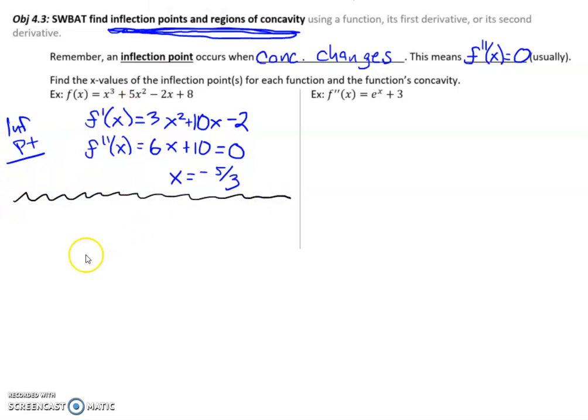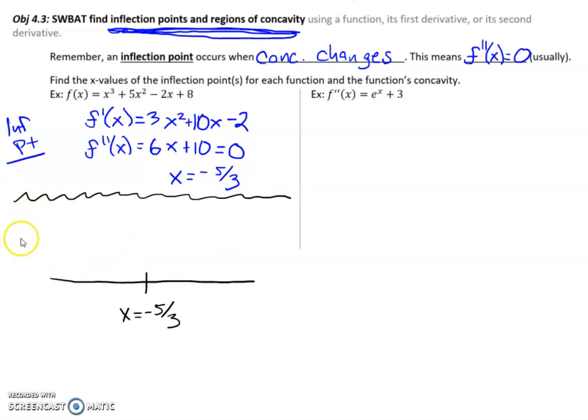So just like with critical points, you draw a line that represents the x-axis. The only thing you care about is the value of negative 5/3, so x equals negative 5/3. And then what we want to know is, is this concave up or concave down on either side of this? And then we'll know for sure that it's actually an inflection point.